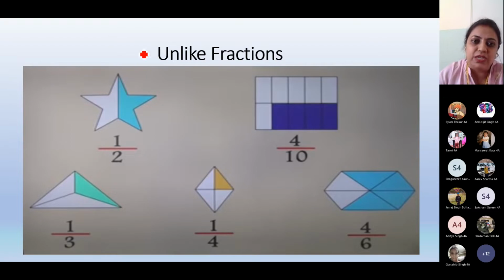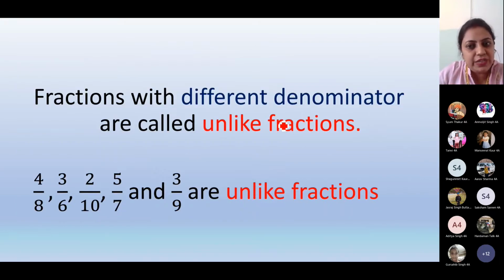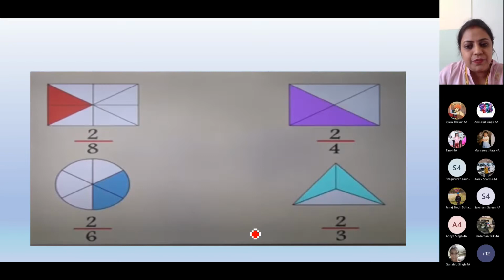So these fractions are known as unlike fractions. Since nothing is same, they are unlike fractions. So fractions with different denominators are called unlike fractions. For example, 4 by 8, 3 by 6, these all are unlike fractions.